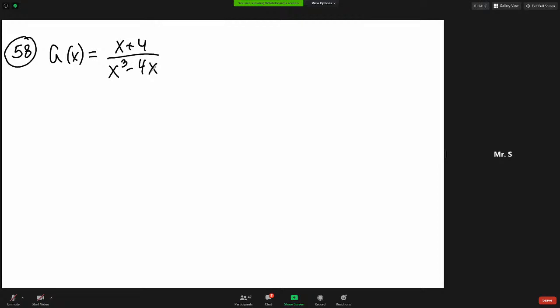All right, so here we do have a red flag, and that red flag is we have a denominator. If your denominator is a fixed value, a constant, a number, then of course you don't have to worry about it becoming 0. But if your denominator contains a variable, then you have to worry about for what values of x would that denominator equal to 0.